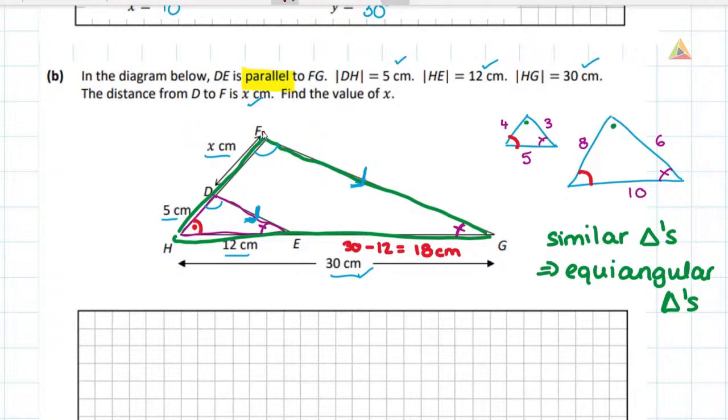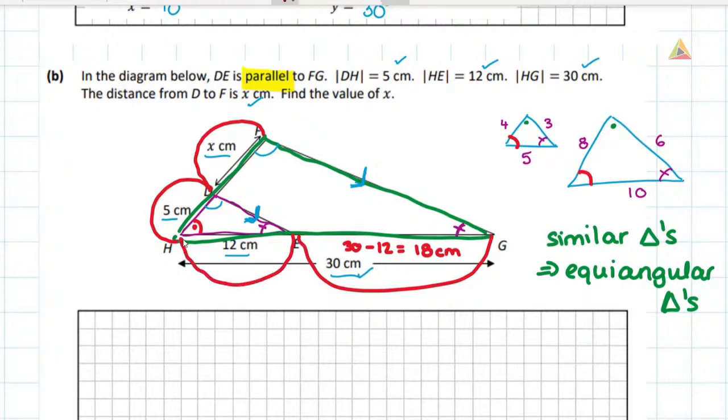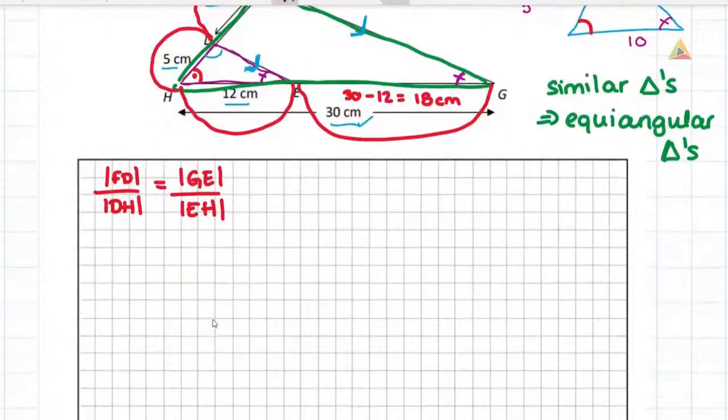So what I can see is that the distance from F to D divided by the distance from D to H is going to be the same as the distance from G to E divided by the distance from E to H. Because the ratio of those sides are in proportion, I'm going to get the same fraction when I do that division.